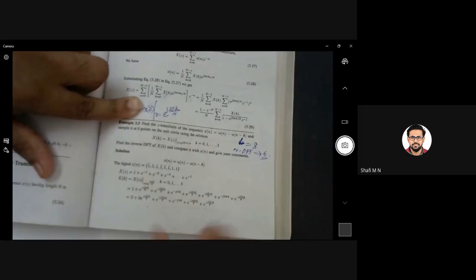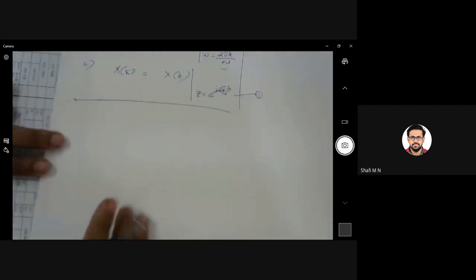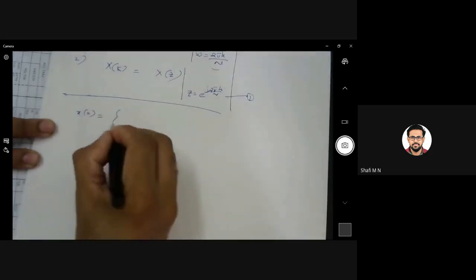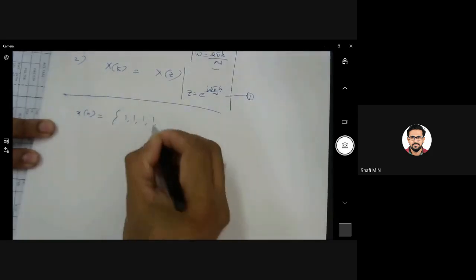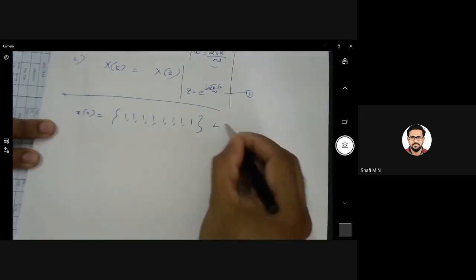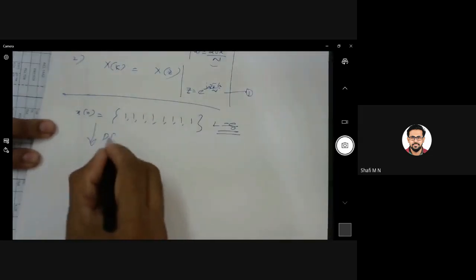So when you took the inverse transform, do you remember what we did the other day? The last day's problem was this. This was your sequence 1 1 1 1 1 1 1 1. So length is equal to 8. You have to take the DFT.